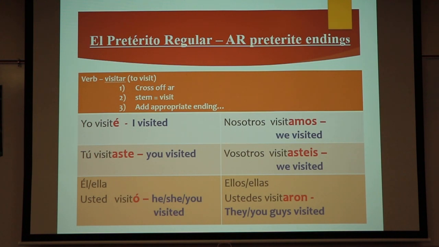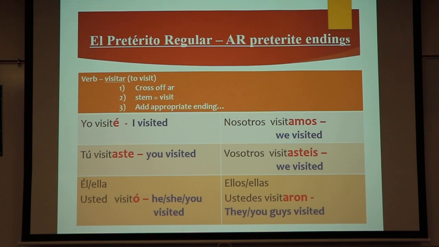So first, what we want to do is cross off the AR of the verb visitar. Then that leaves us with the stem, which is vist, V-I-S-I-T, and then you have to match it to the subject. First person singular, yo. Second person singular, tú. Third person singular, él, ella, usted.